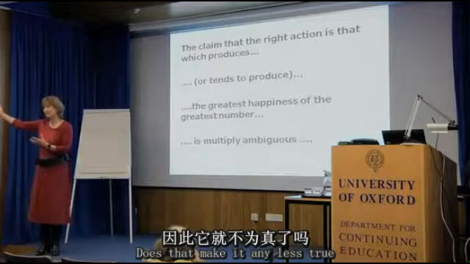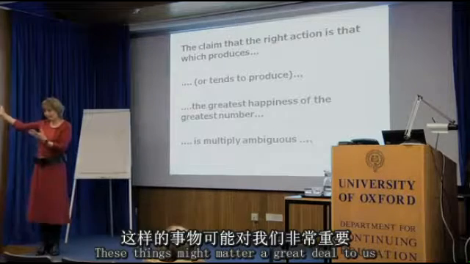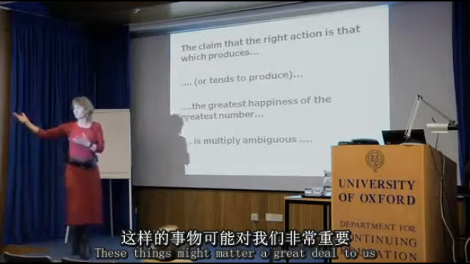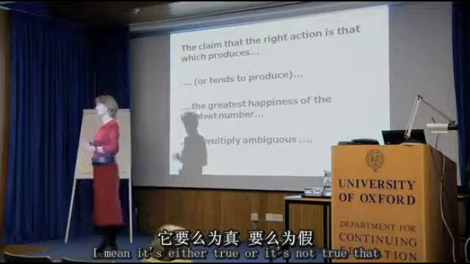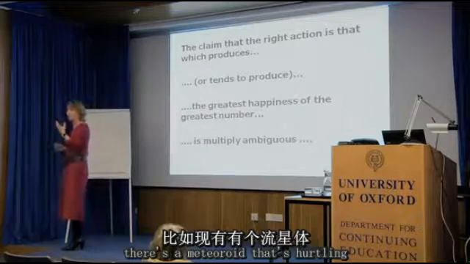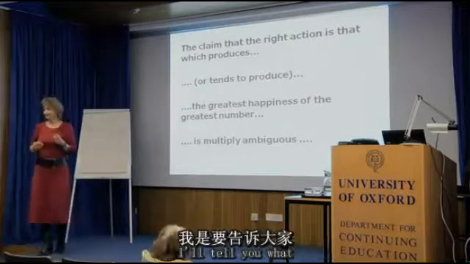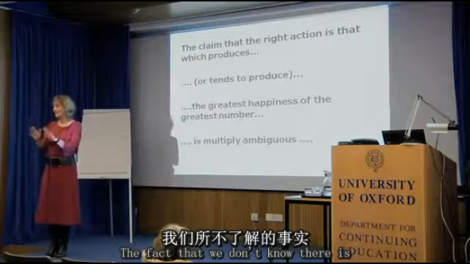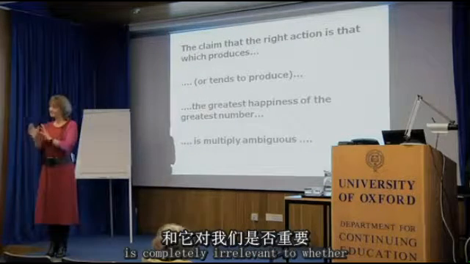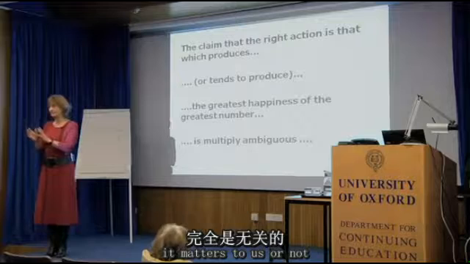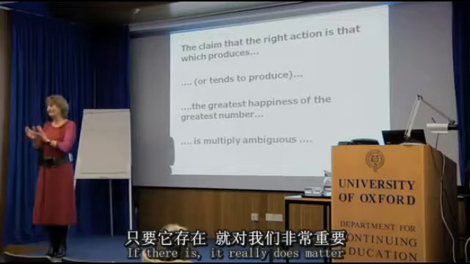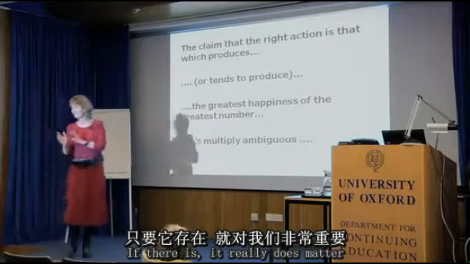Does that make it any less true? No. These things might matter a great deal to us. I mean, it's either true or it's not true that there's a meteorite hurtling towards Earth at the moment. I tell you what, the fact that we don't know that there is completely irrelevant to whether it matters to us or not. If there is, it really does matter.